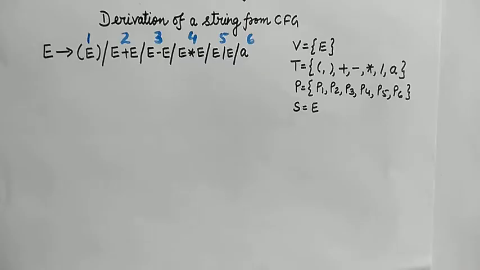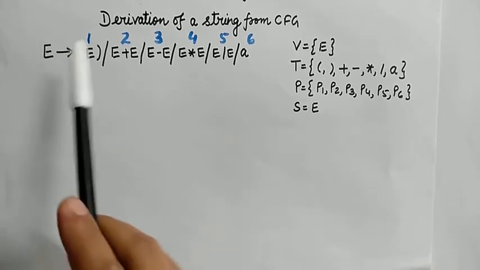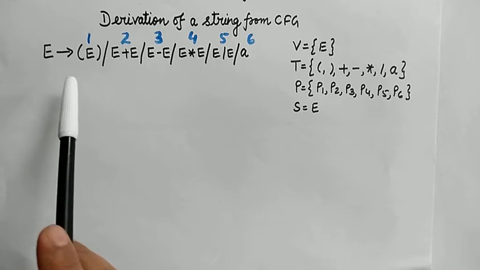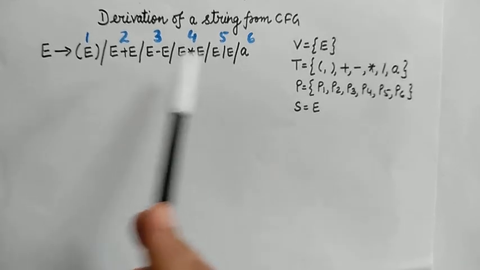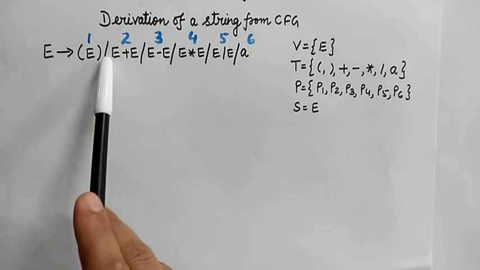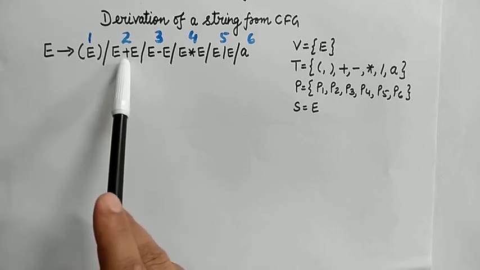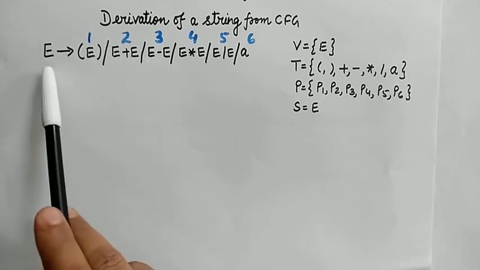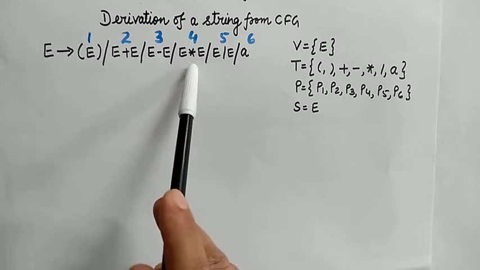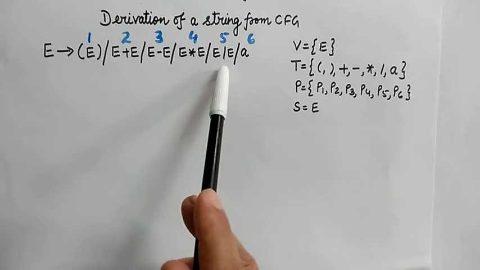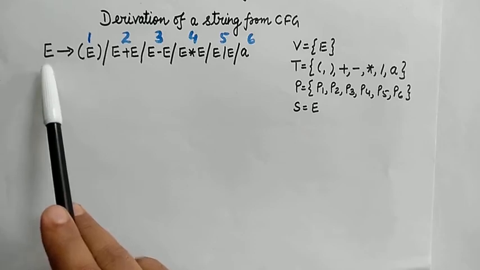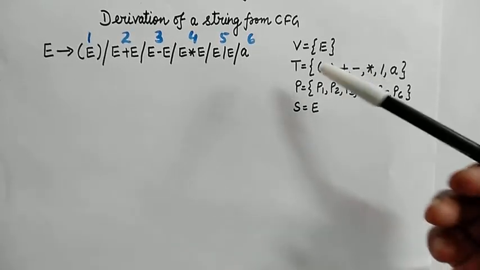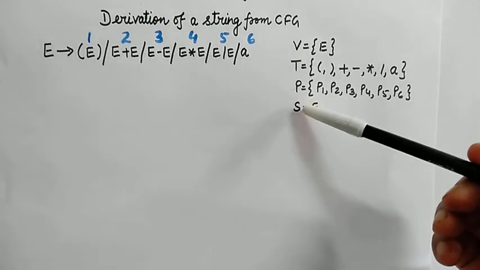So let's understand the derivation of a string from a CFG. Here we have a grammar in which there are 6 production rules. Production 1: E to E; production 2: E to E plus E; production 3: E to E minus E; production 4: E to E asterisk E; production 5: E to E divided by E; and production 6: E to small a. Here I have written all the 4 tuples.